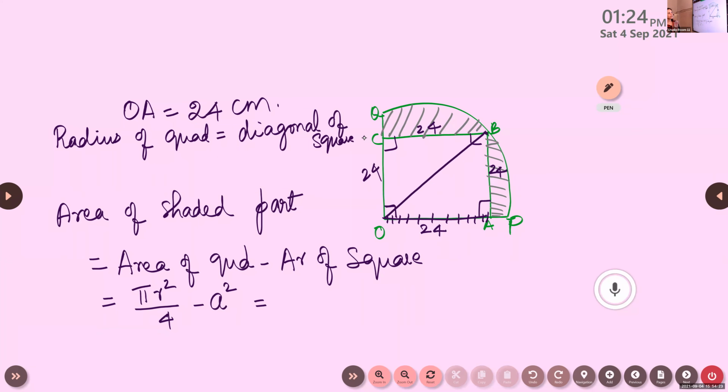So using Pythagoras theorem, what result will you get here?